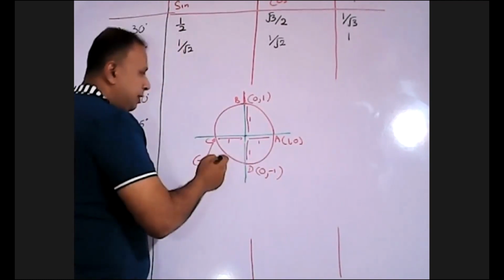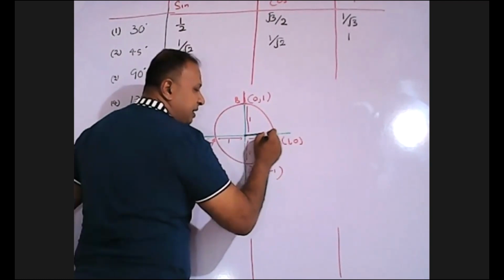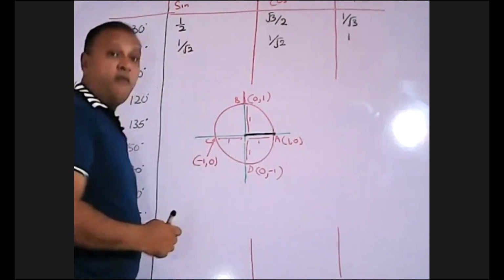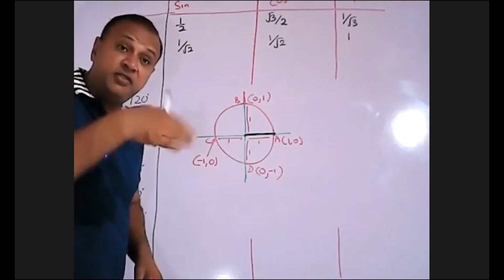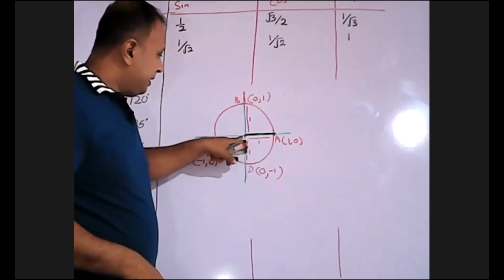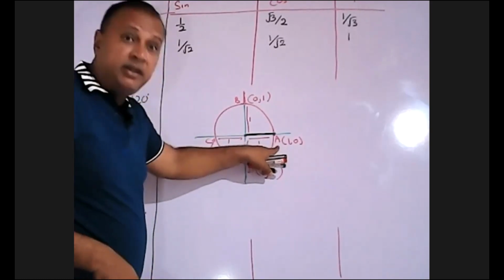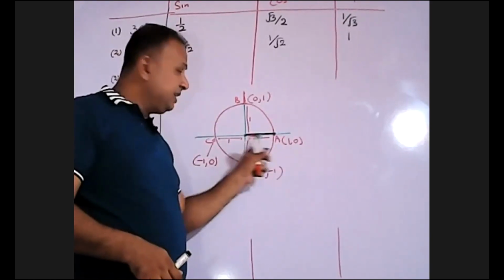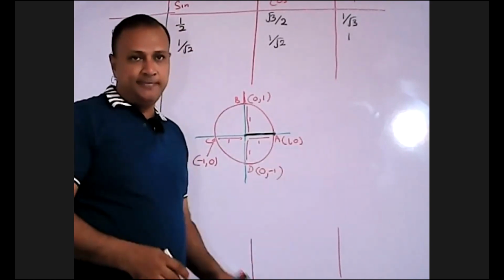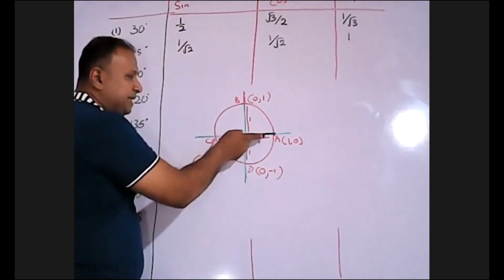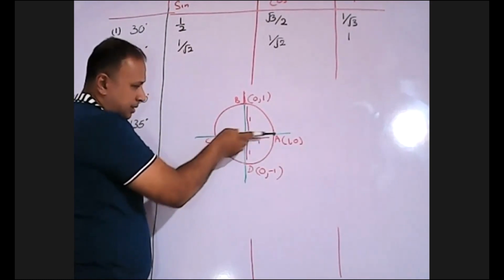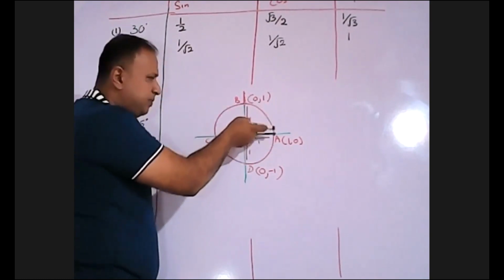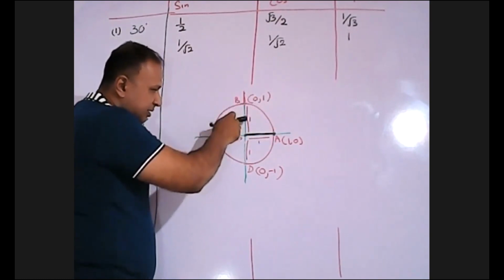That means if you want to find the trigonometric values of the angle corresponding to point A, the sine value of that angle is equal to the y coordinate. You know this angle, no? Now there is no angle. That means this angle is equal to 0 or 360.